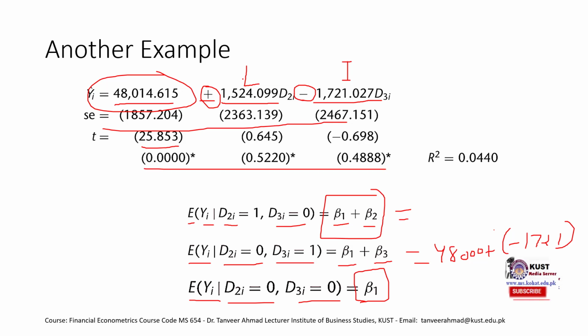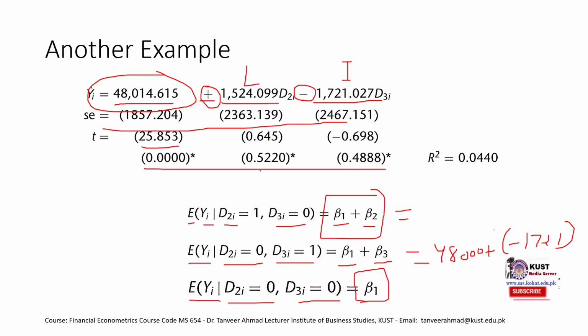And what would insignificance mean in this case? The null hypothesis is that the salary of a school teacher working in Karachi is equal to the salary of the school teacher working in Lahore. So their difference is 0.